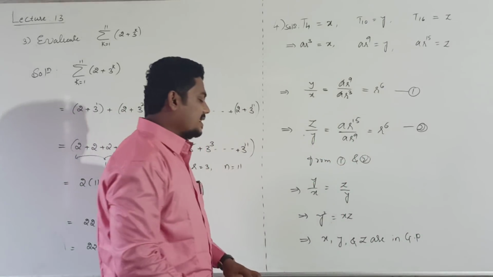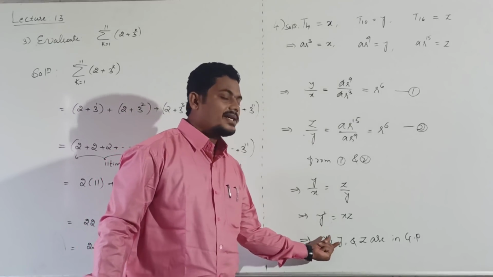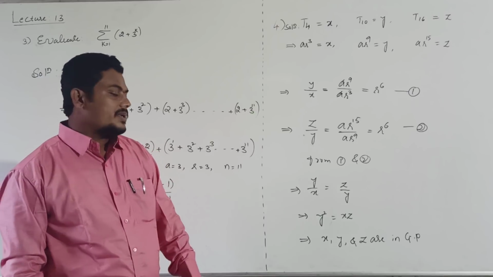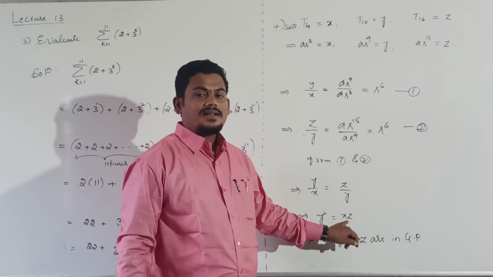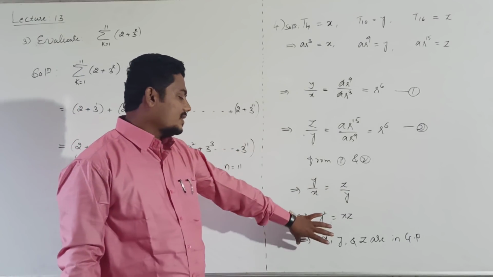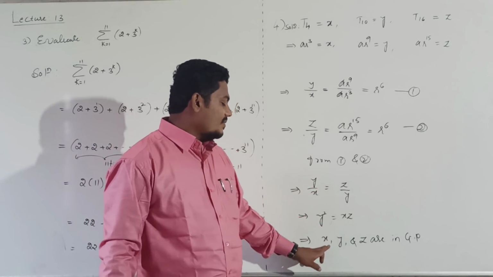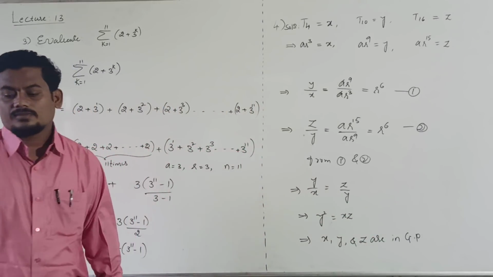We have this condition: the middle term whole square is equal to the product of the first term and third term, then clearly the given numbers are in GP. Y square is equal to xz, therefore x, y, z are in GP. This is our required answer.